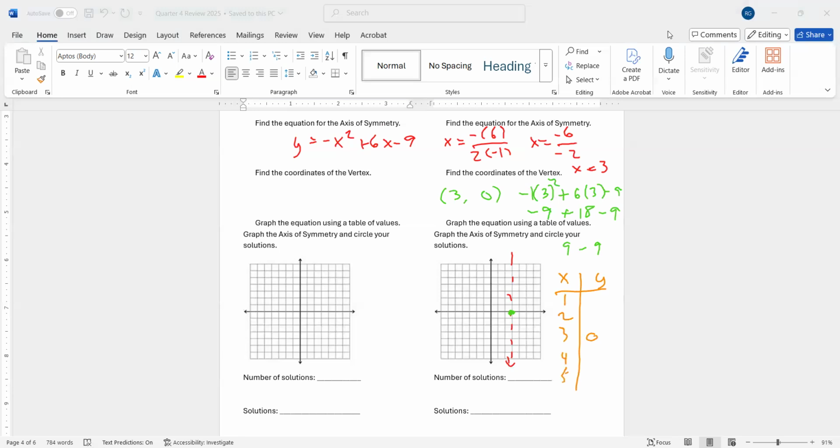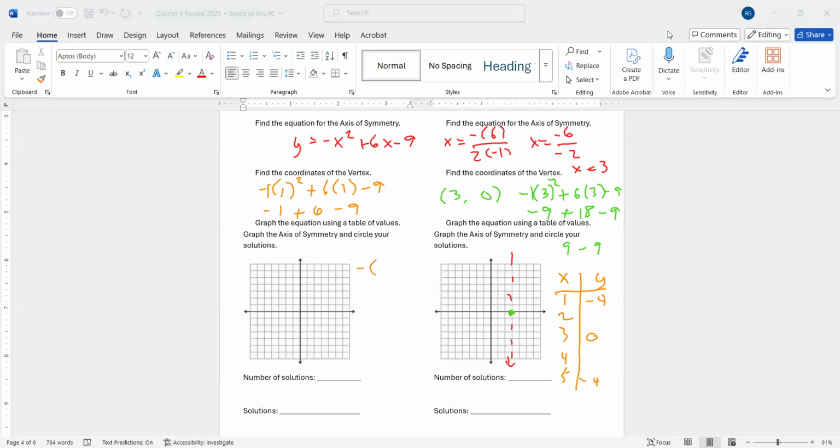Bigger would be 4 and 5. When I put 1 in, I get -1 times 1 squared plus 6 times 1 minus 9. So 1 squared is 1 times -1 is -1 plus 6 minus 9. So that's 5 minus 9. That's -4. Doing the same thing with 2 now.